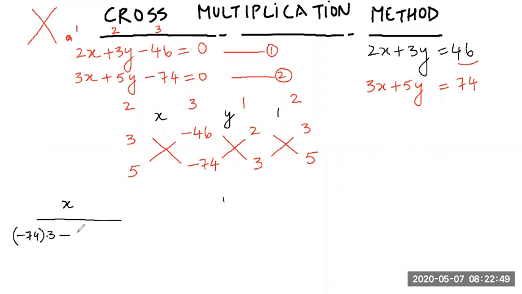So it's minus 5 into minus 46 equal to, second is y. Y divided by, multiply the same way, this and this minus this into this. So it's 3 into minus 46 minus 2 into minus 74.